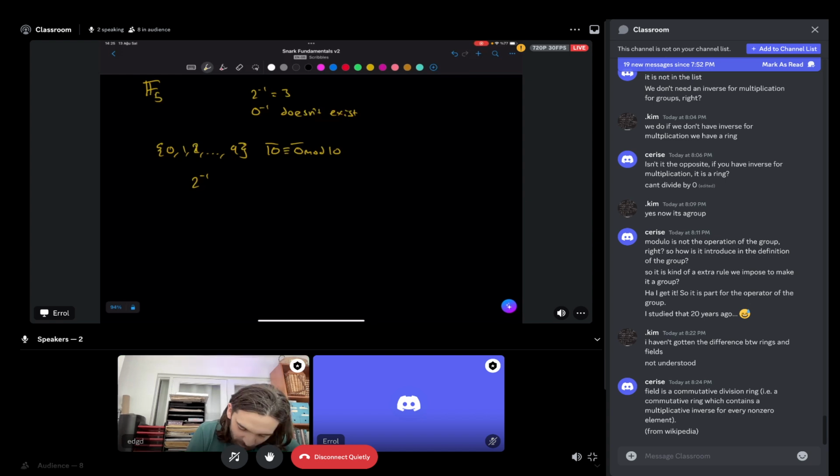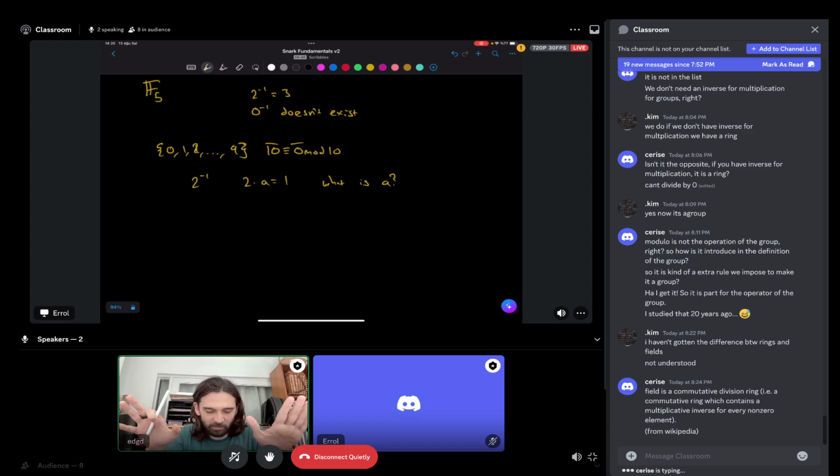Well, 2 times a equals 1. What is a? Under this setup, a does not exist. There is no such a. 2 does not have a multiplicative inverse. So this can't be a field, but it will be a ring.